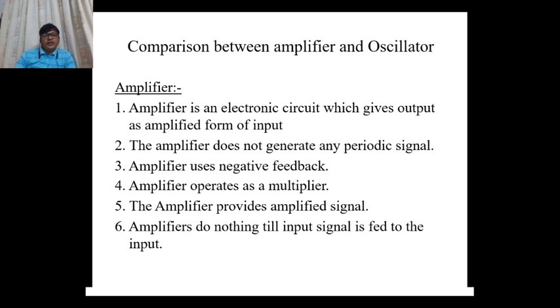Amplifier uses negative feedback. Amplifier operates as a multiplier. The amplifier provides an amplified signal and does nothing till an input signal is fed to the input. So without any input you cannot get output in an amplifier circuit.